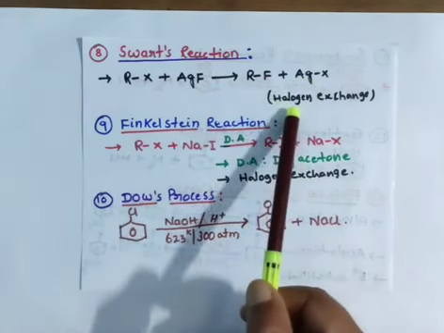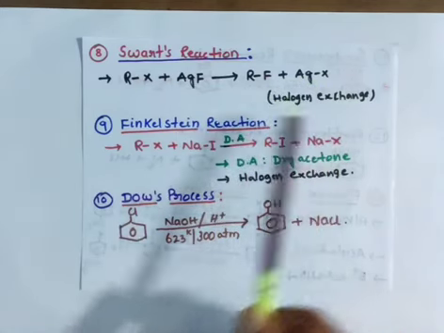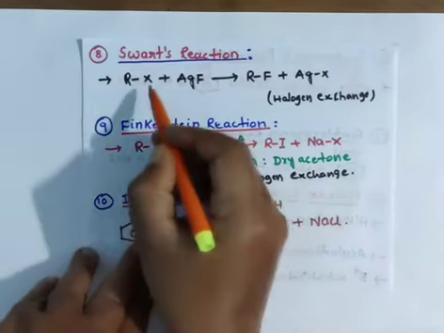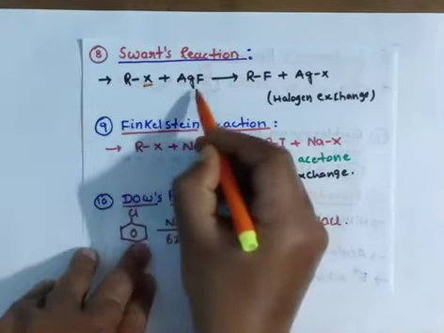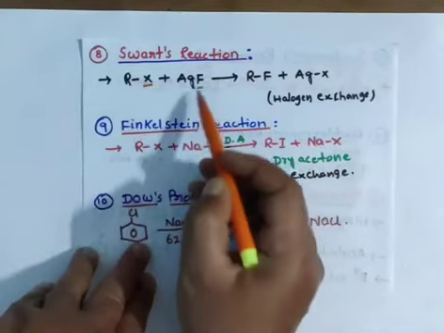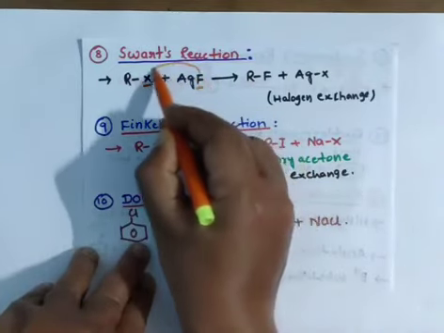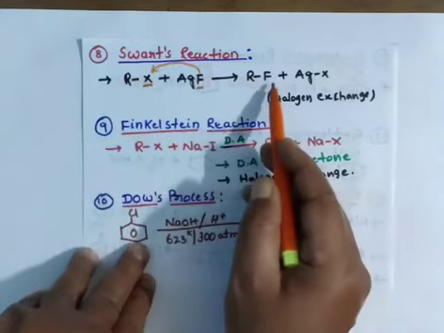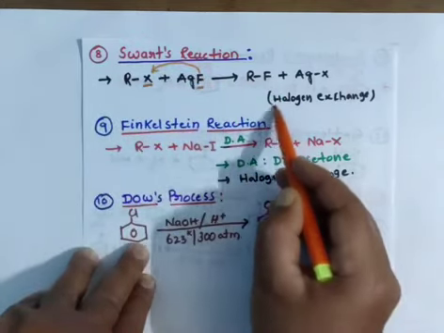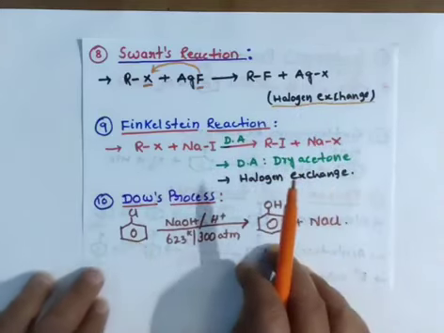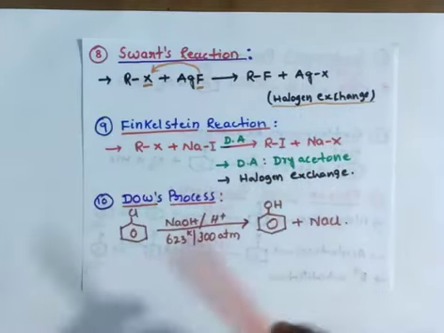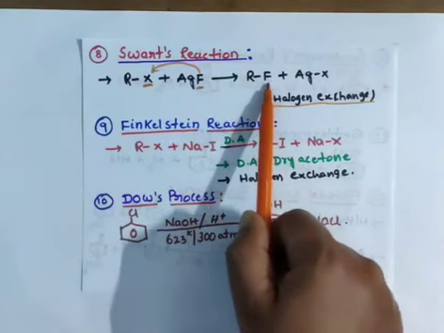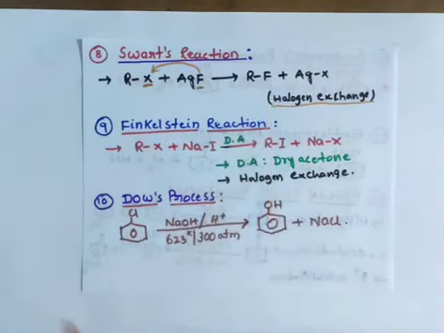This method we call the halogen exchange method. See here, this halogen X is replaced by fluorine. So RX is converted to RF, fluoroalkane, by a halogen exchange process. This we call Swarts reaction. By Swarts reaction we are preparing fluoroalkanes only, not the others.